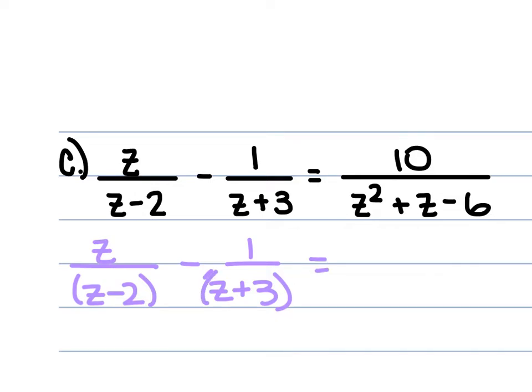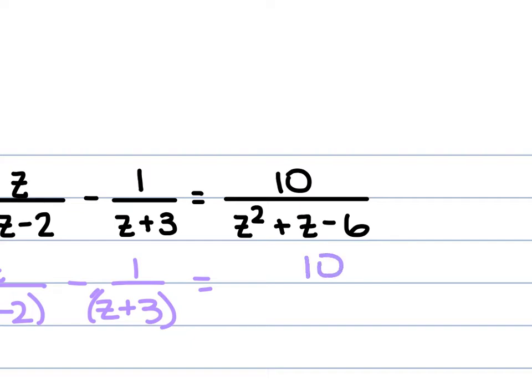So this is going to still be z over z minus 2 minus 1 over z plus 3 is equal to 10 over z minus 2 times z plus 3.